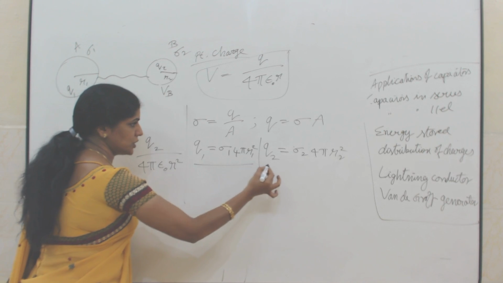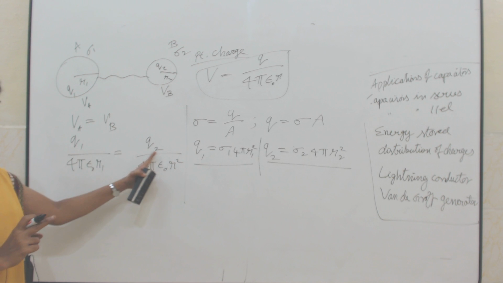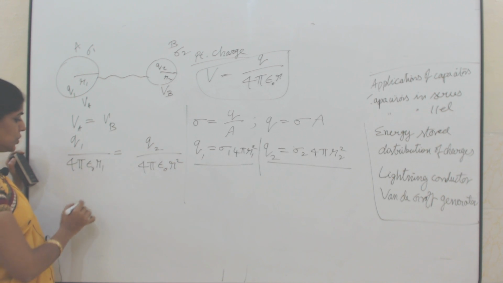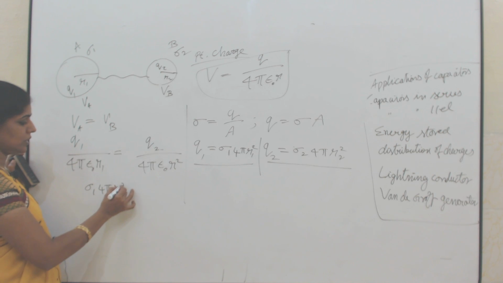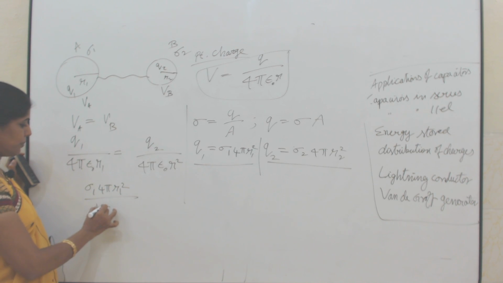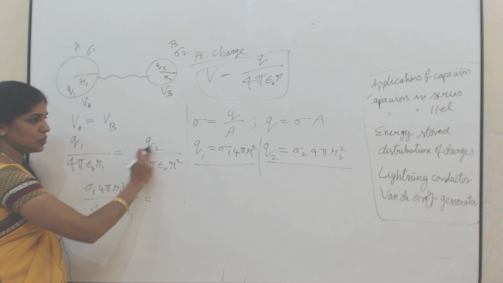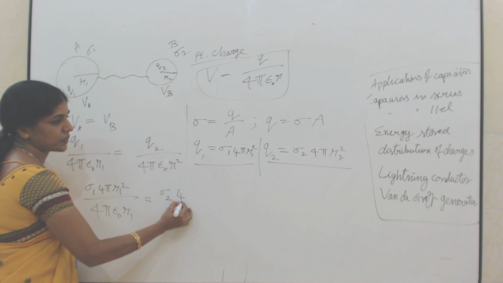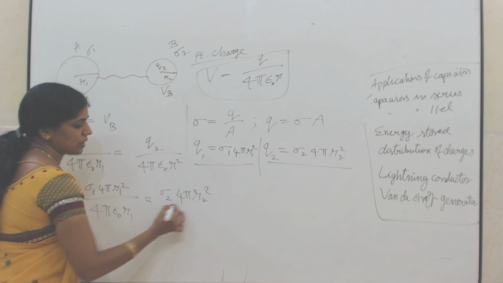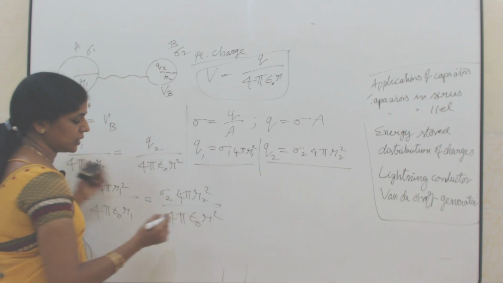Now you substitute these two, that is the charges Q1 and Q2, here. What happens if I substitute these two? It is sigma 1 4 pi R1 square by 4 pi epsilon naught R1 is equal to sigma 2 4 pi R2 square by 4 pi epsilon naught R2.